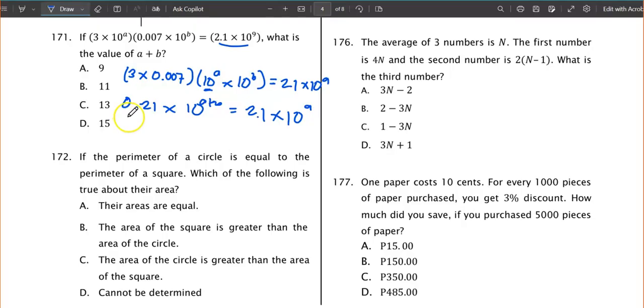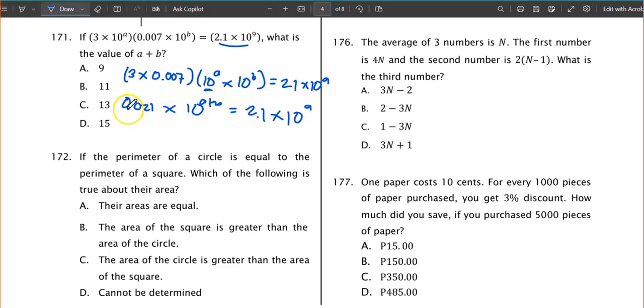Then after that one, remember, when we want to make this one a scientific notation, I think my 0 is missing. This is 0.021. Yeah, that's correct. Since in scientific notation we only need to have a number greater than or equal to 1, we're gonna make this one 2.1.